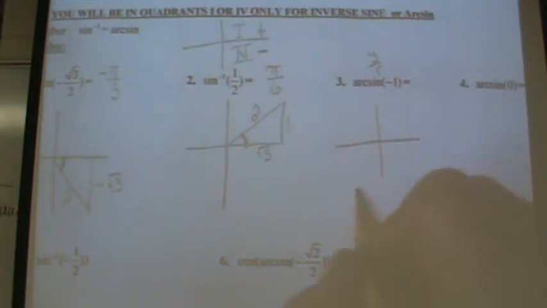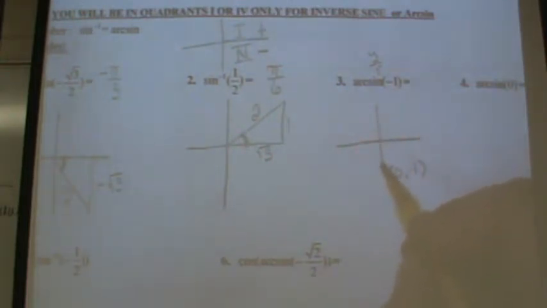So now, this time we have arc sine of -1. This is where we remember that sine was y over r when we defined it using the unit circle. So our y value is -1. So we're going to be down here at 0, -1.